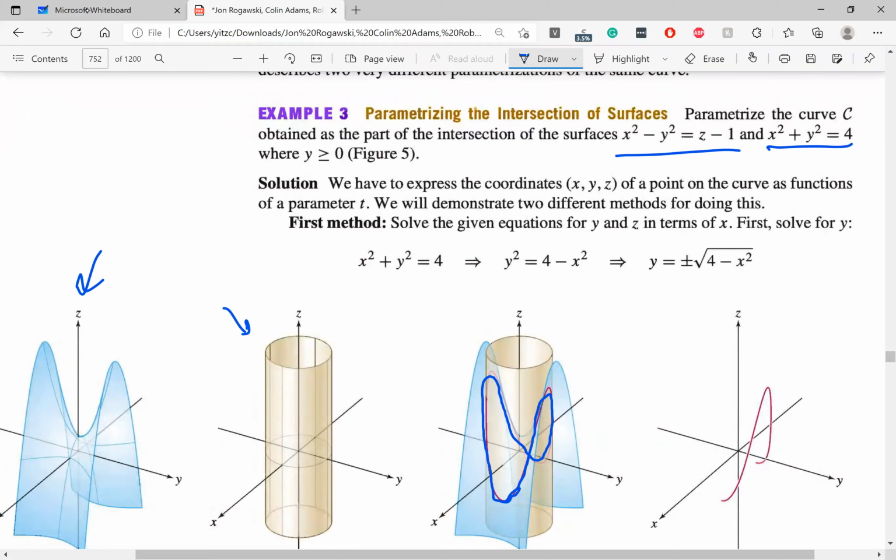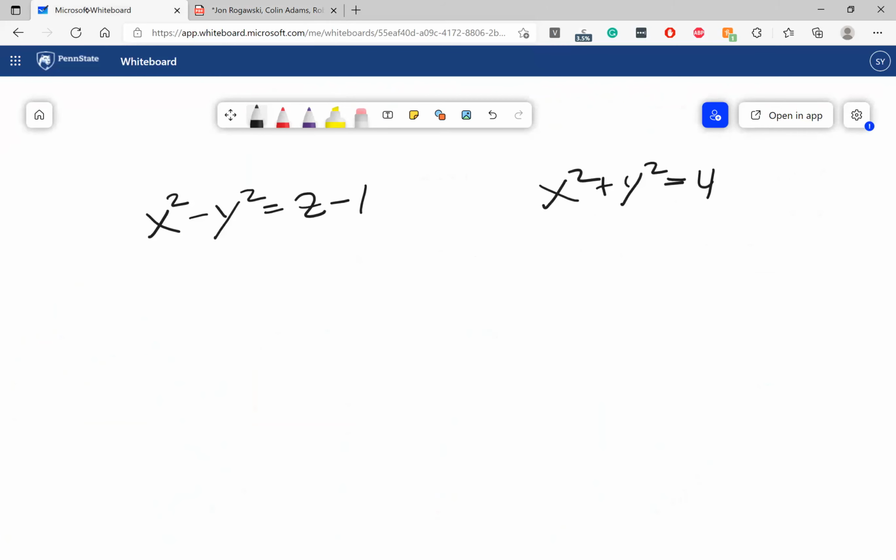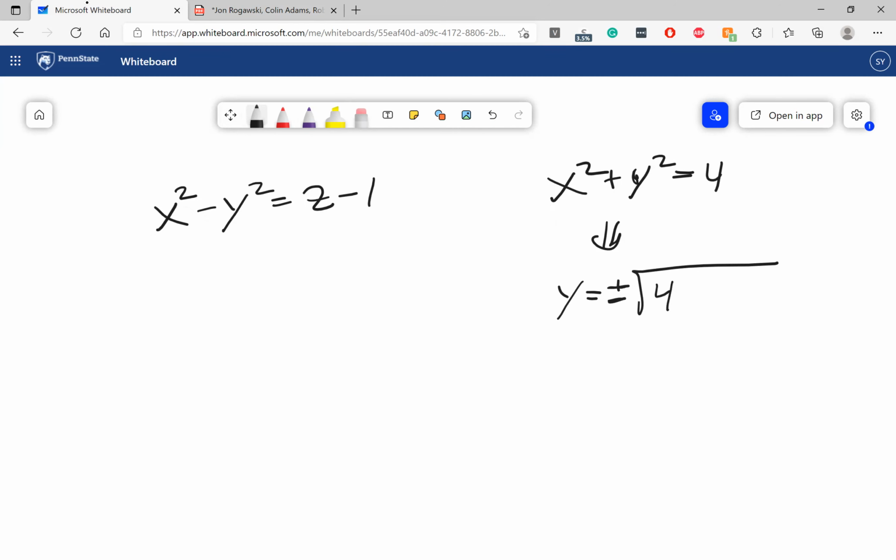Okay, there are two ways that we can use to solve this problem. The first one is by substituting for y over here. So by this equation, we get y is equal to plus or minus the square root of 4 minus x squared.